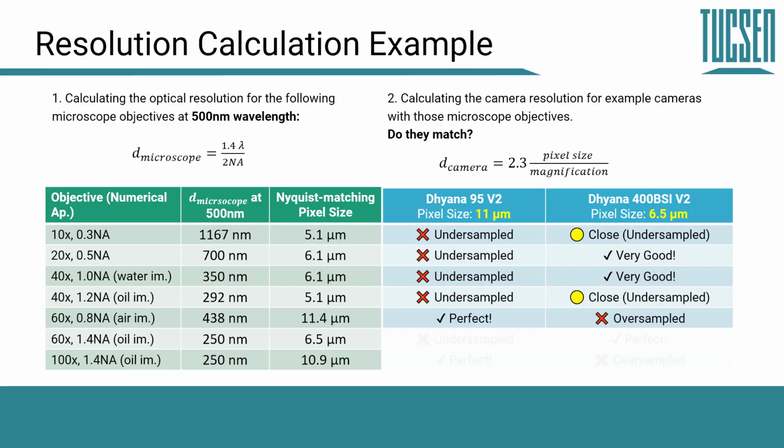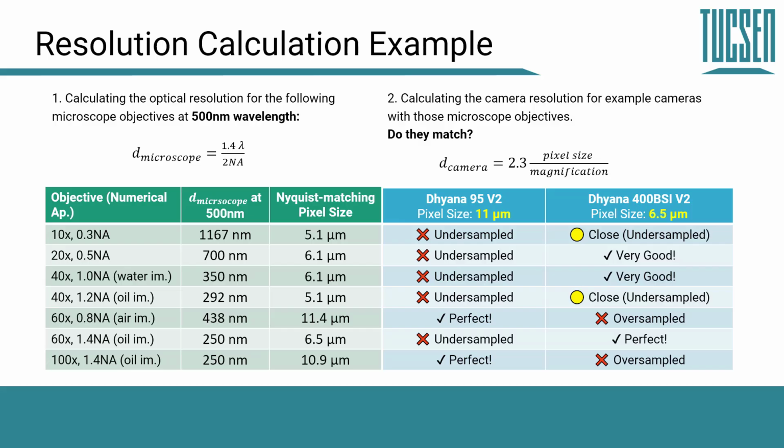So with this 60 times air objective, say 0.8 numerical aperture, the 11 micrometer pixel matches it perfectly, whereas our 6.5 is oversampled, so we're throwing away sensitivity for no real advantage. Conversely, for a 60 times high numerical aperture oil objective, 1.4 NA for example, now our 6.5 micrometer pixel is a perfect match. And finally, for a 100 times objective, again with oil immersion and high NA, our 11 micrometer pixel is a perfect match.